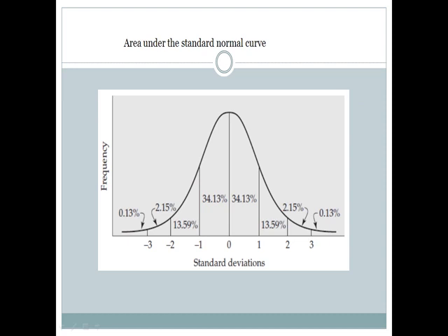For example, if you want to know how likely it is to find a score between 1 and 2 standard deviations above the mean, we can find this in a table or on a chart like this one, or a graphic like this one. The probability of us obtaining a value that is between 1 and 2 standard deviations above the mean is about 13.6%. So that's what we're talking about here. We'll go over some more examples of that too.